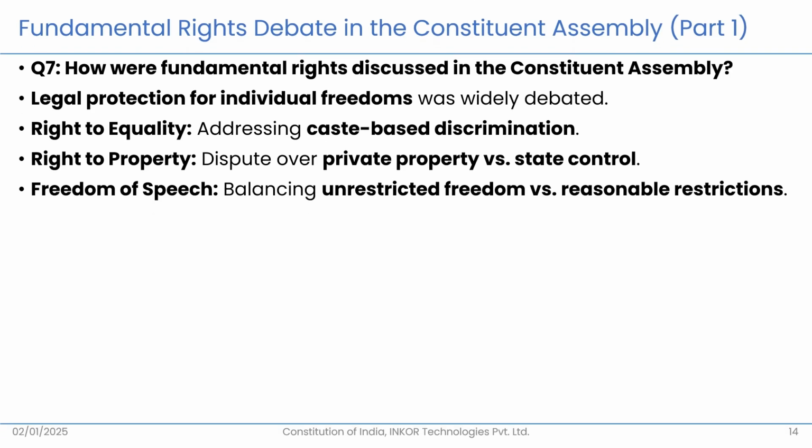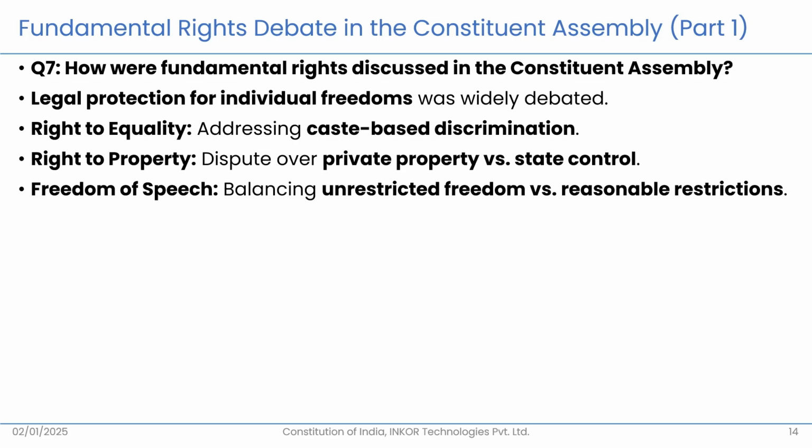The debate on fundamental rights was one of the most crucial discussions in the Constituent Assembly. Leaders emphasized the need for legal protection to ensure individual freedoms for all citizens. The right to equality was a major topic of discussion, especially regarding caste-based discrimination. Some members believed that the Constitution should guarantee equal rights regardless of caste, gender, or social background. Another area of debate was the right to property.